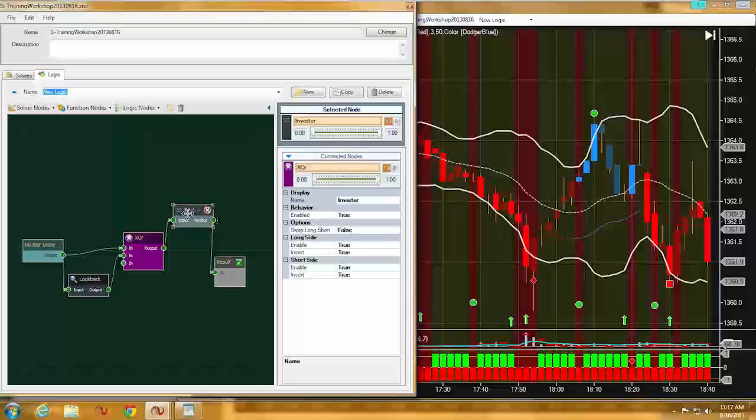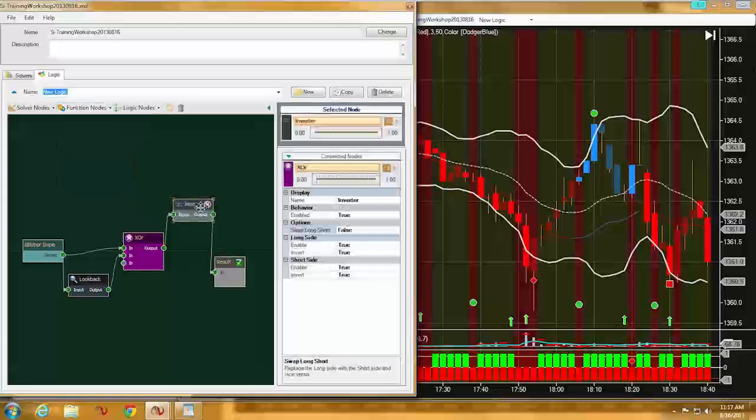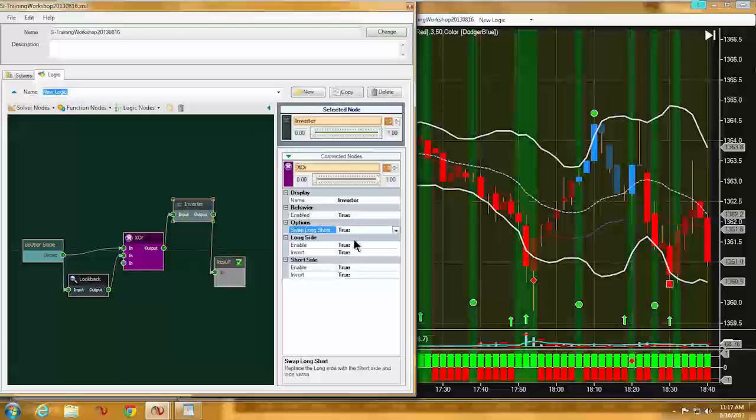Yes, we can use the inverter, or we could use the long-short modifier. Either one will work.